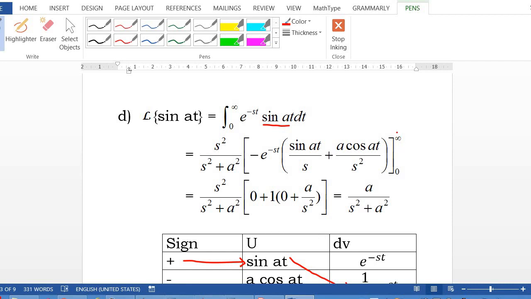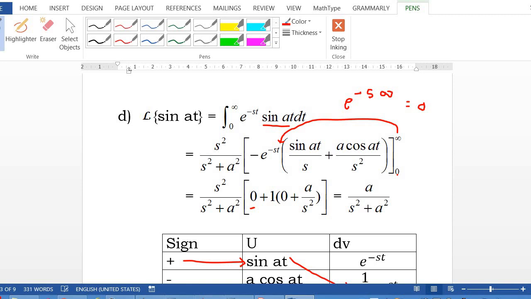So again, when you substitute t by infinity, e to the negative s infinity equals 0. So 0 times anything, because sin infinity t or cos infinity t, their value actually varies from -1 to +1, you multiply by 0 and the result is 0.